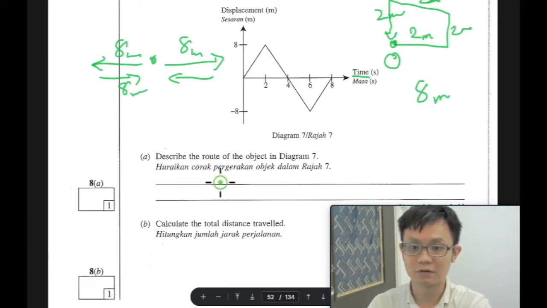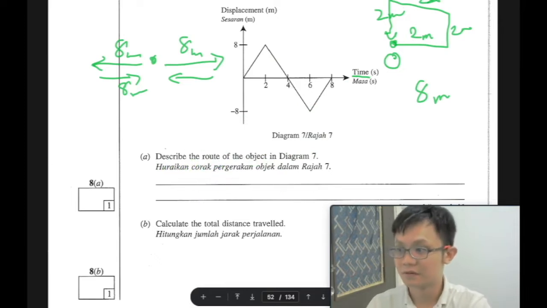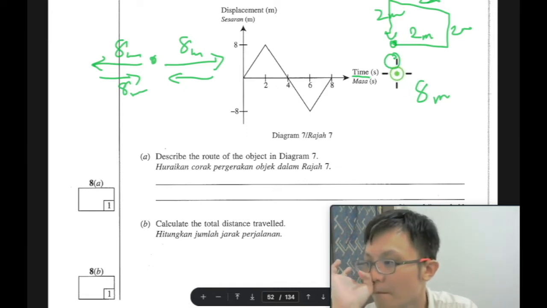Describe the route of the object in diagram 7. Traveled for 8 meters at a constant speed in 2 seconds, and travel back.